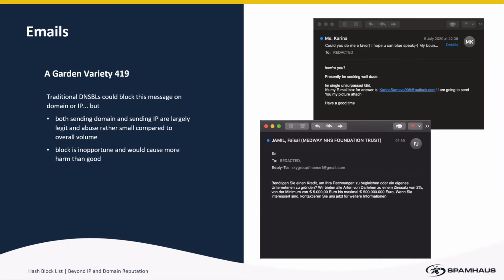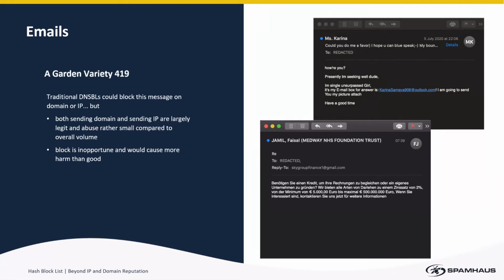So you're not going to find Outlook.com being blocked within your domain reputation system, because again, it's going to cause more problems than it's going to alleviate the pain that you may be encountering with somebody sending one of these 419 emails including an Outlook.com address.